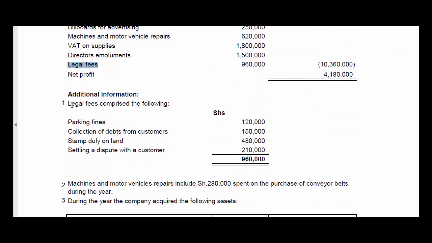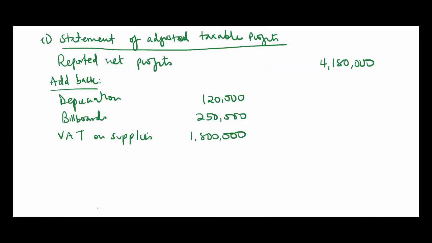Legal fees generally are valid unless they are adjusted. Let's look at the notes and see. We're told that legal fees comprised the following. So we have parking fees, collection of debts, stamp duty, settling a dispute with a customer. Now, fines are never allowed, and neither is the stamp duty on land because it's related to a capital transaction. So we have to add those back. So the fines of 120 and the stamp duty of 480.